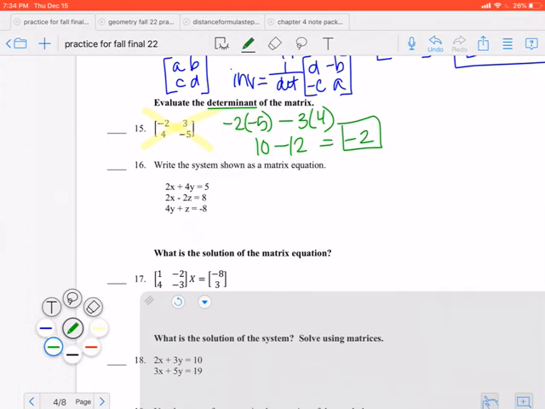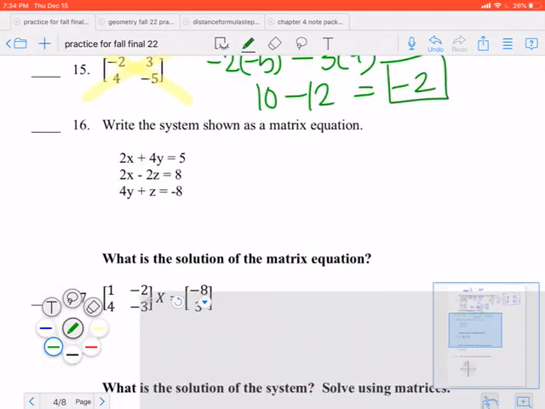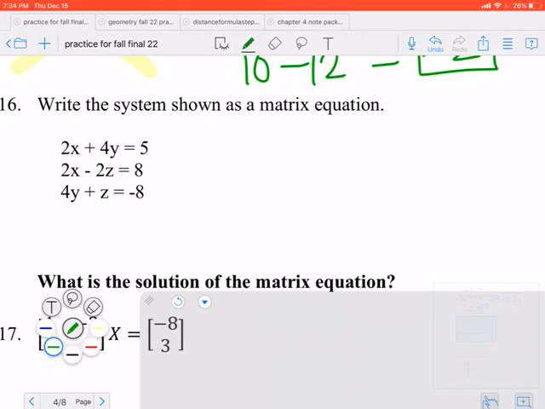Another system: write the system shown as a matrix equation. We don't have to solve this, we just have to write it as a matrix equation. I'm seeing x, y's, and z's. Each one has some missing terms. We've got to include each variable, x, y, and z.